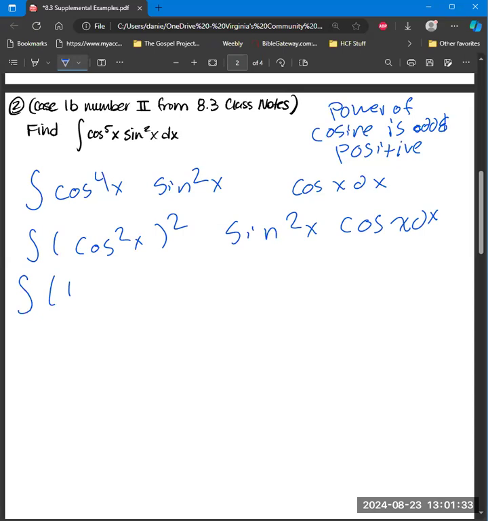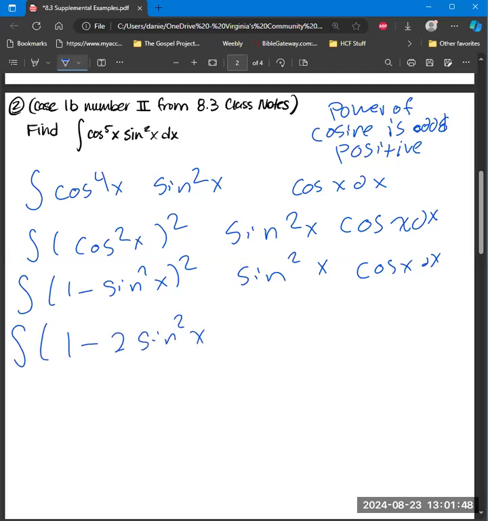Cosine squared is 1 minus sine squared, squared. And this is going to be 1 minus 2 sine squared x plus sine to the fourth x, times sine squared x cosine x dx.